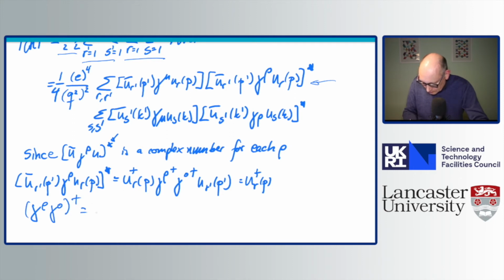Let's do it the other way around: gamma rho Hermitian conjugated, gamma 0 Hermitian conjugated, and gamma 0 Hermitian conjugated is equal to gamma rho, gamma 0.